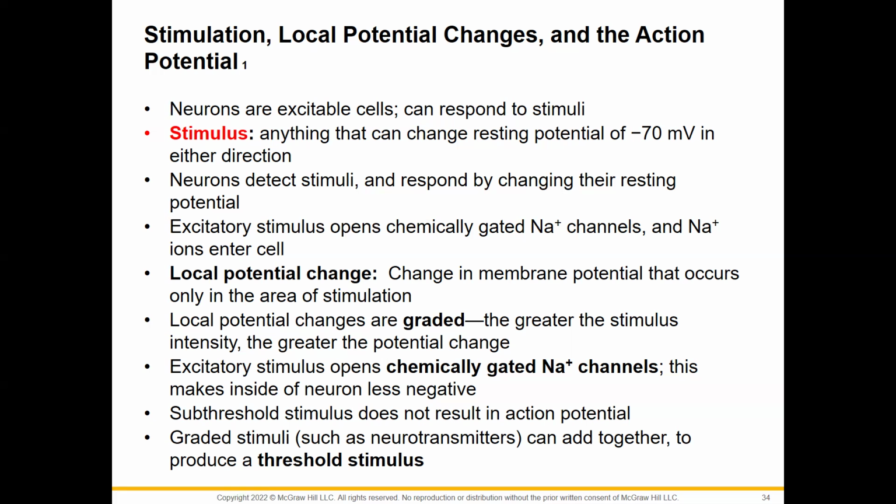If it doesn't hit that threshold, then nothing is going to happen. It has to hit that minimal threshold in order for that cell to send the signal. So subthreshold, below the threshold stimulus, there won't be an action potential that changes the cell and causes that cell to send a signal to the next cell.